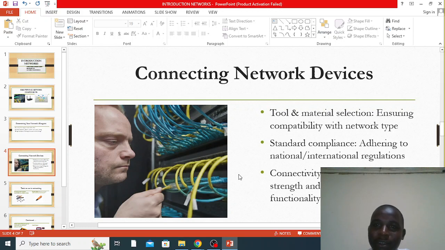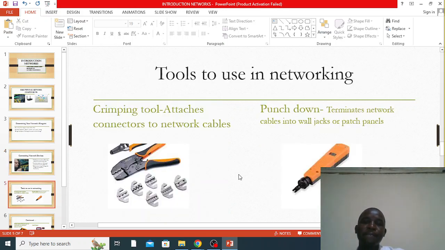Thank you. So we have also consideration on standards and compliance. Whenever you are buying devices to be used in networking, you ensure that they are adhering to national and international regulations. And in the case of cabling, you ensure that their connectivity is tested so that they are not faulty, or they might cause interruptions while performing networking.